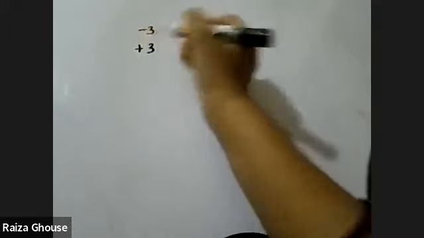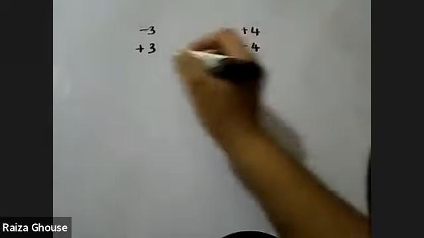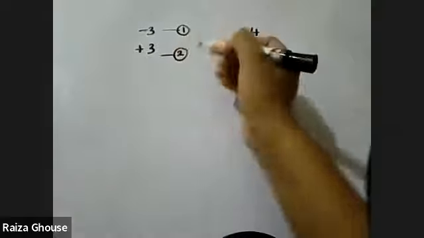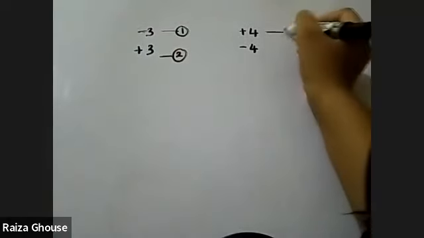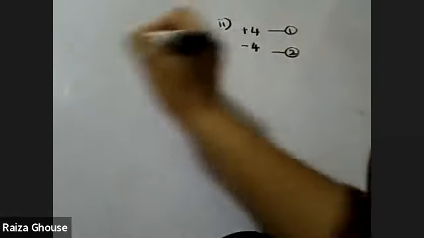Okay, just look at the board now. If I take -3 and +3, and if I take +4, -4. Now, I number this as my first equation, my second equation, this is another separate one. Let me take this as Roman number 2 and this one as Roman number 1.